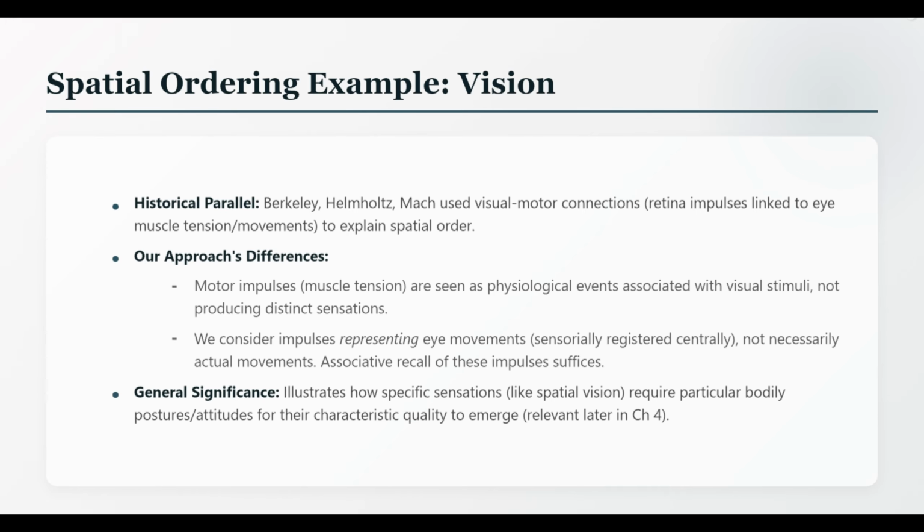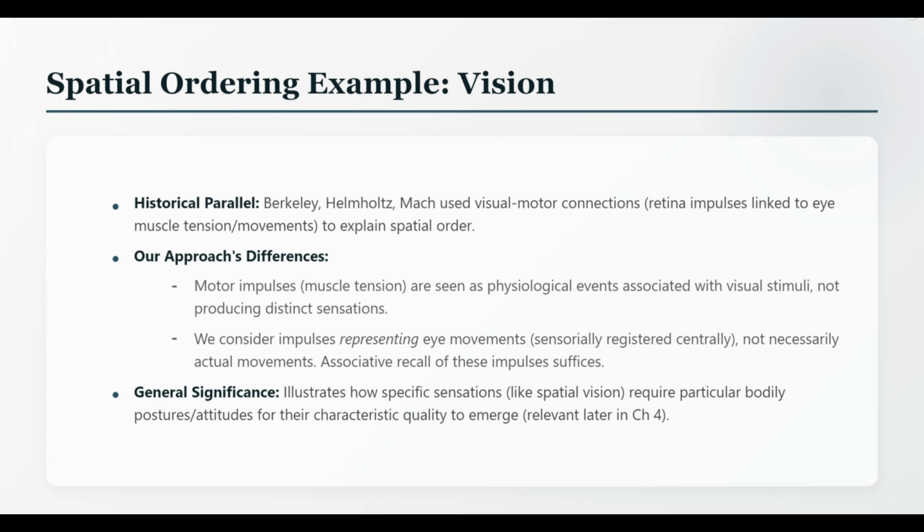How might we achieve this spatial differentiation? Let's look at vision. Historically, thinkers like Berkeley proposed that we perceive space because visual signals are linked to the muscle movements needed to track objects. Our approach echoes this, but with a twist. We don't assume the muscle tension itself creates a sensation of space.